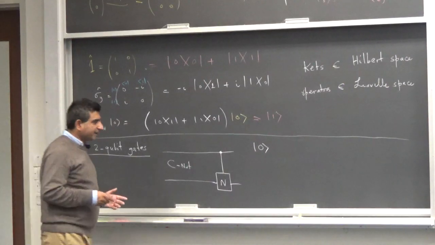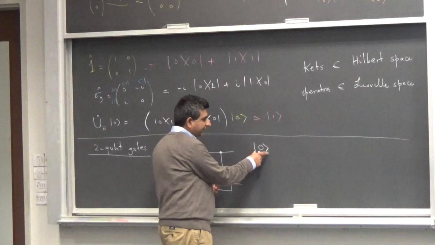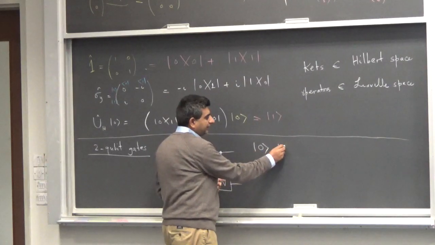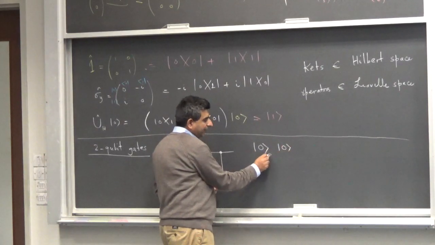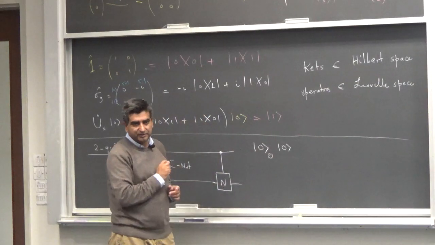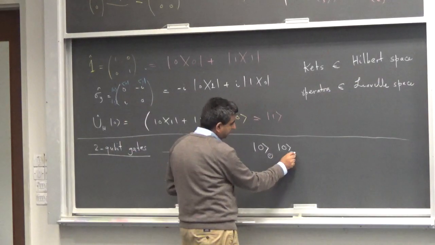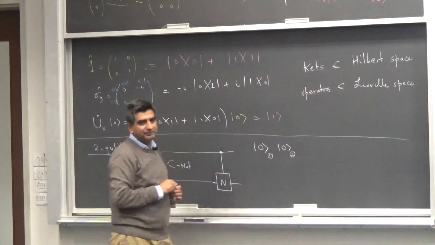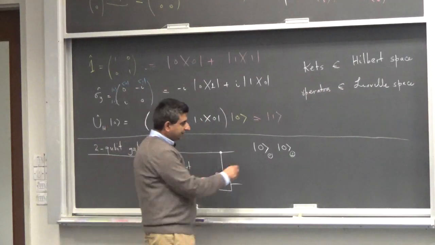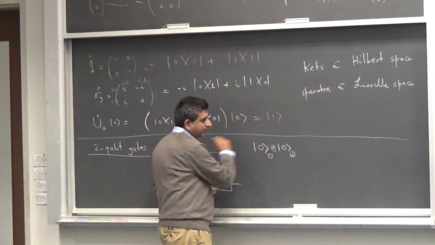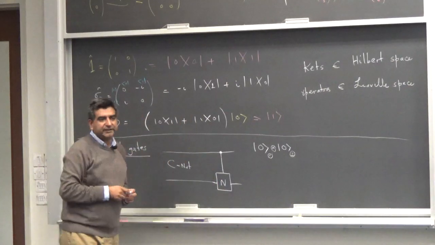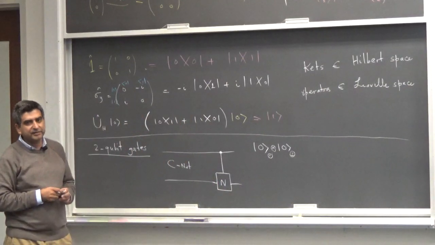The most puritanical way is to write ket 0 for the first qubit and put a small 1 here to show that this is the first qubit, and a small 2 here that shows that this is the second qubit, and put this sign in between, which is called a tensor product or a direct product.